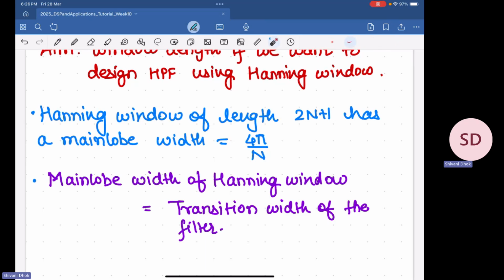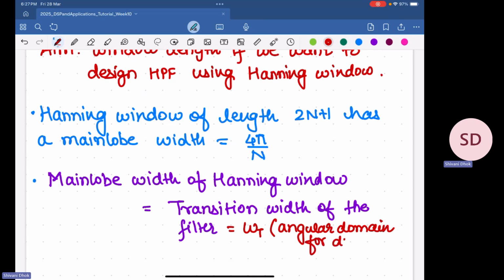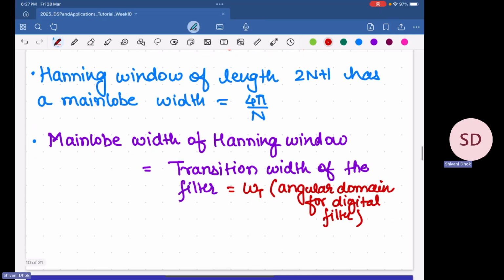Okay, so let me just write this as WT. And this is the transition width in angular domain of the digital filter, not the one given in your Hertz frequency. So this is angular domain for digital filter. Okay, we need to be careful in this.